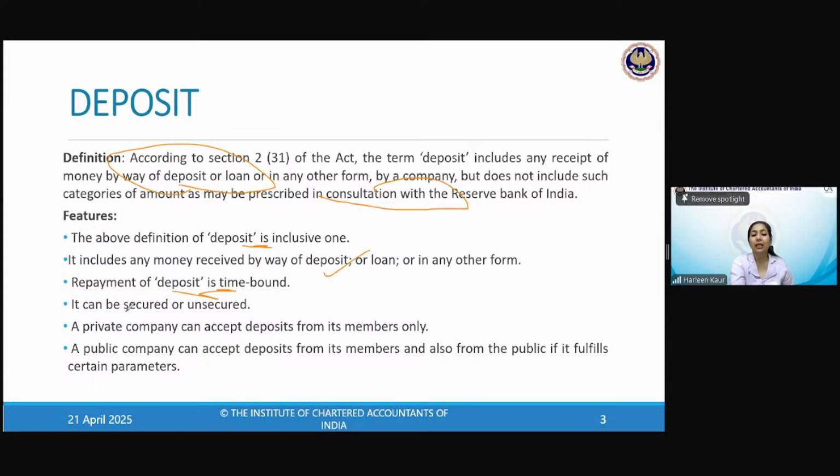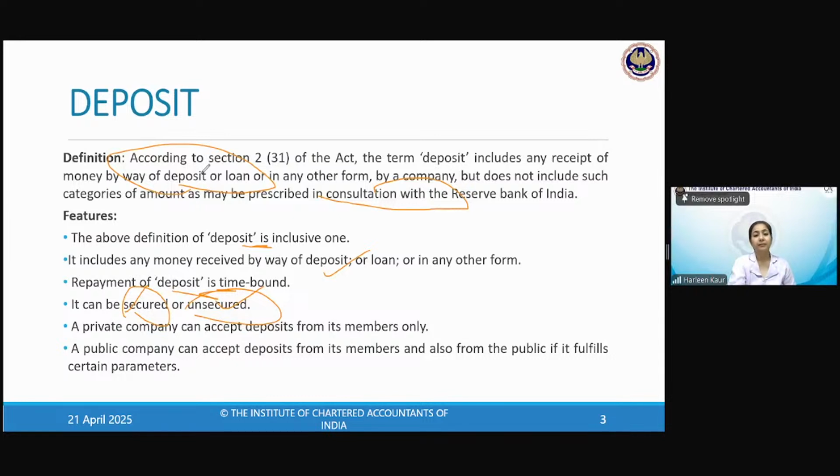It may be secured or it may be unsecured. Now you have to tell me the meaning of secured and unsecured. What do you understand by the term secured? When we say the deposit is secured, it means that a mortgage has been created, means we are creating a charge on the assets, means some security is being provided.